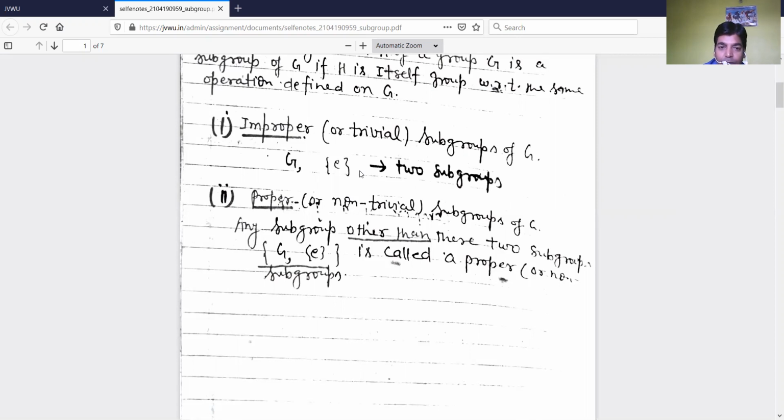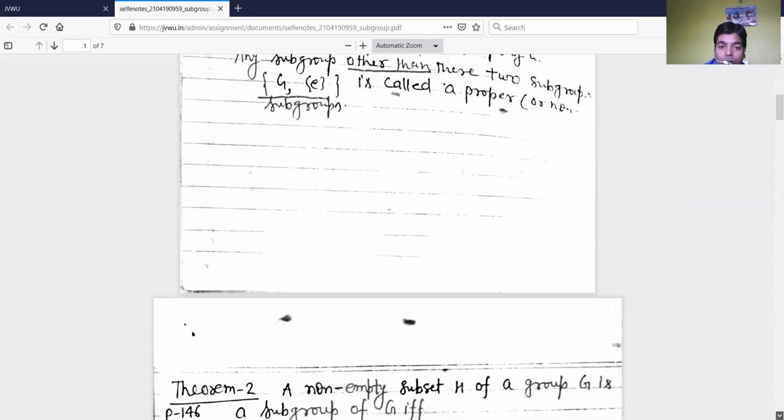Proper means all the subgroups leaving out the trivial ones, G and E, the improper ones.